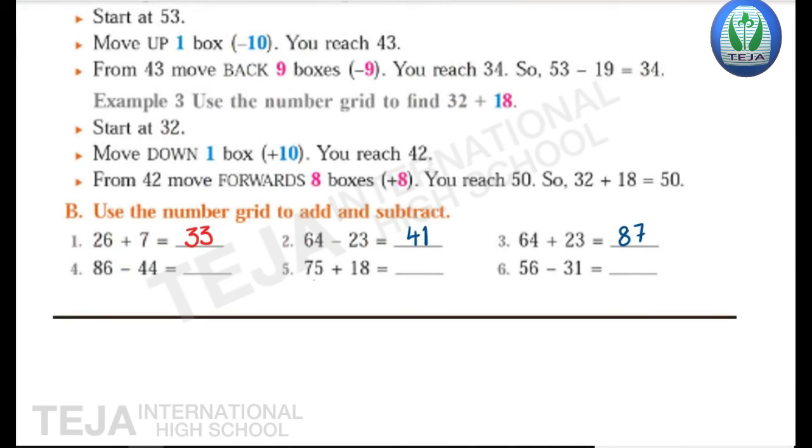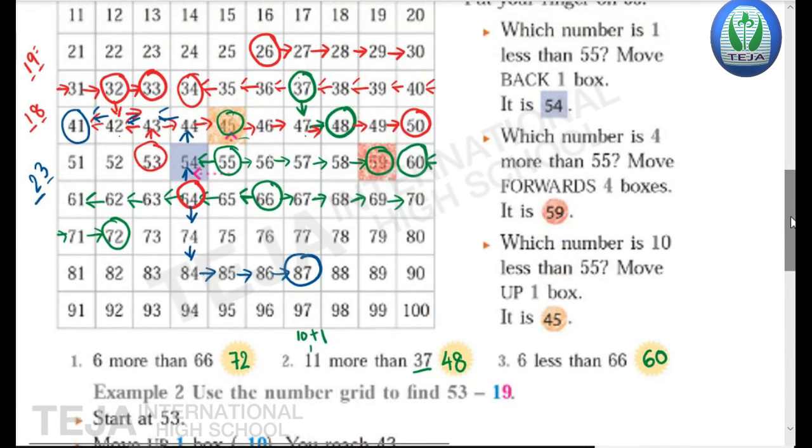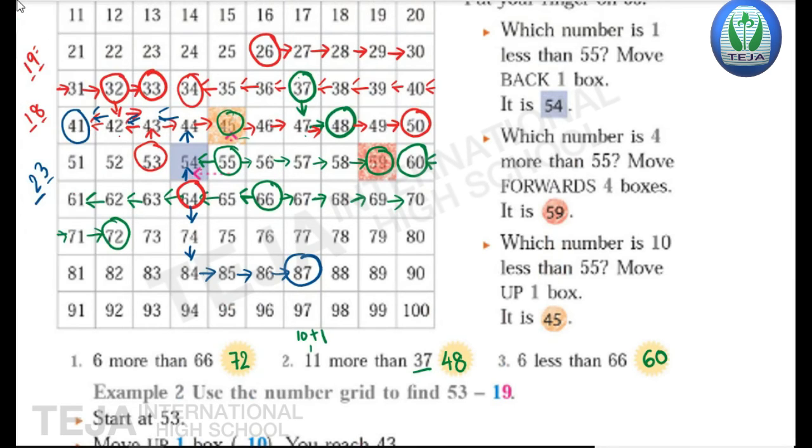Now next, fourth one, 86 minus 44. So the bigger number is 86. Draw a circle around 86. From that subtract 44. Here in tens place 4 is there. So you have to move upwards 4 boxes. 1, 2, 3, 4.